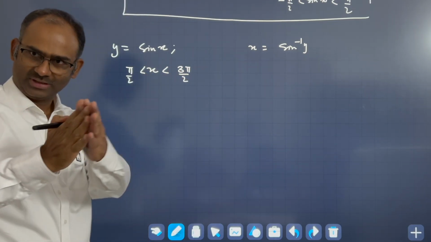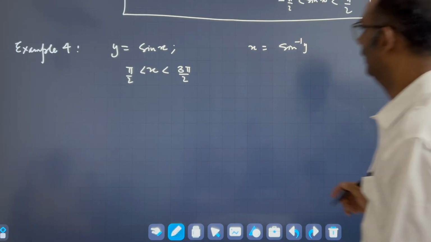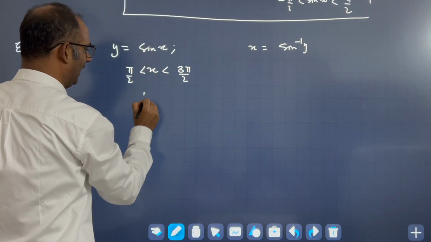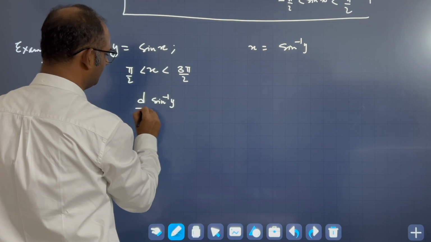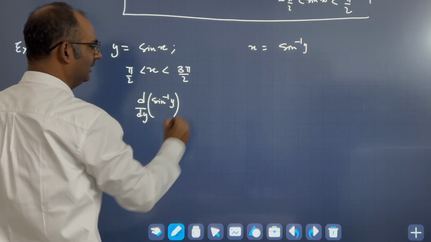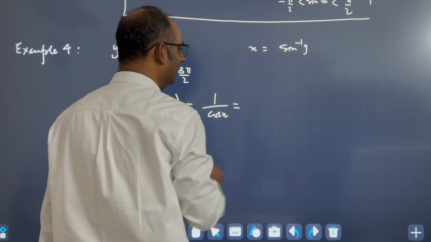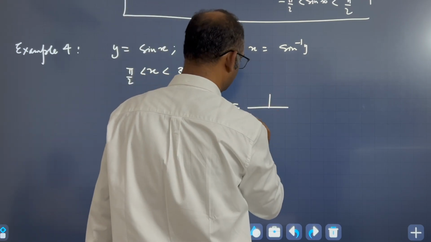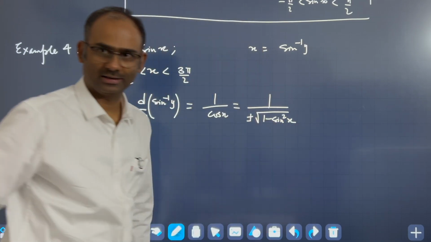That interval length is pi. So if we repeat the steps, I will again arrive at sine inverse of y, derivative of that will be 1 over cos x, which is again 1 over plus minus square root of 1 minus sine square of x. That's what we had earlier.